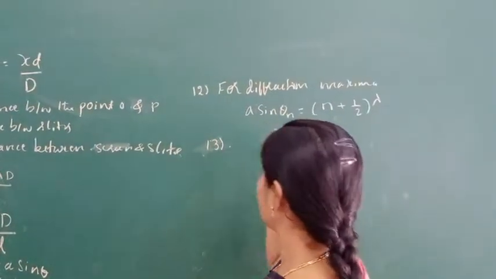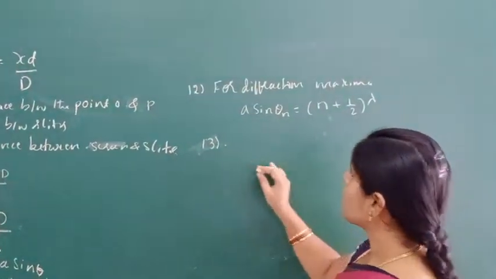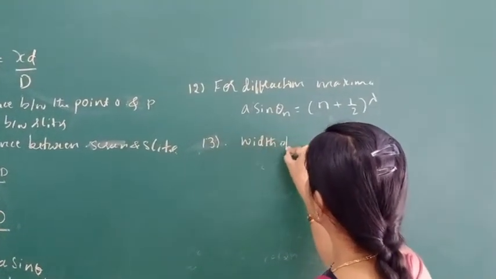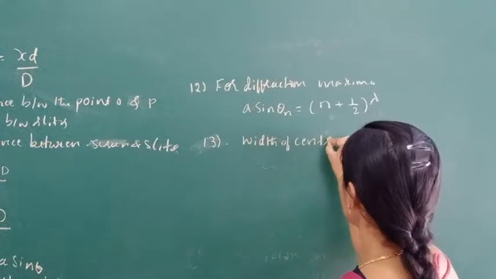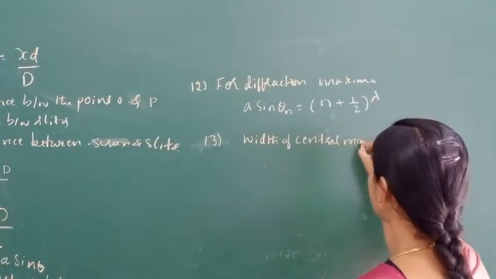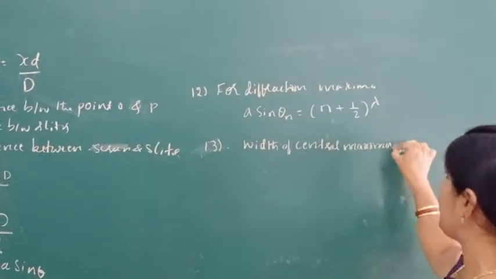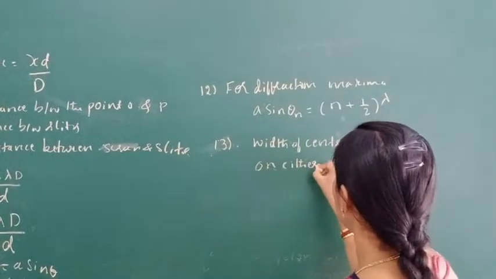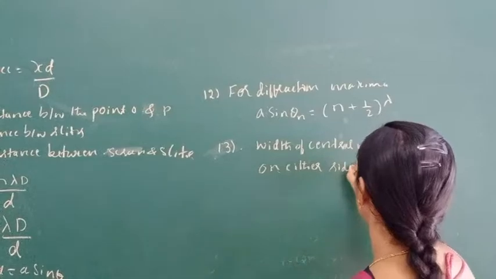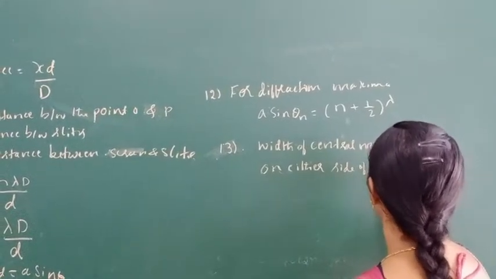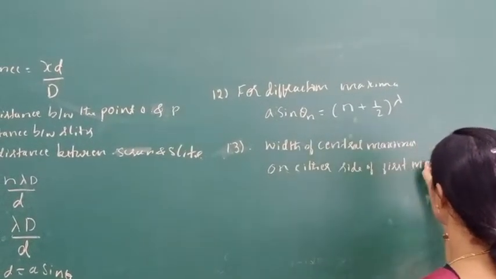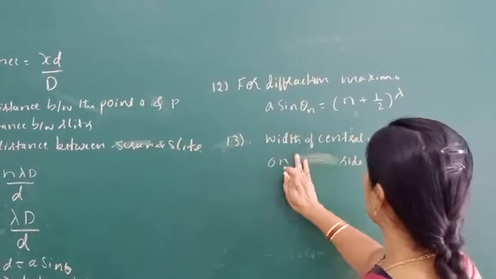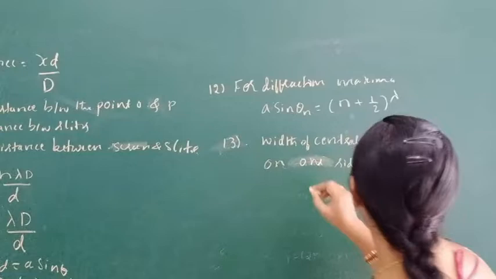13. That is width of central maximum. On either side of the central maximum, up to the first minima.